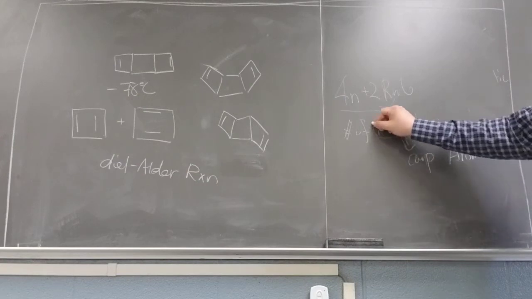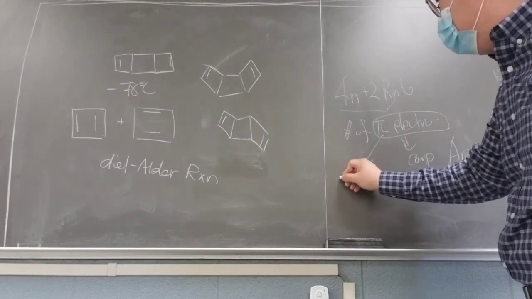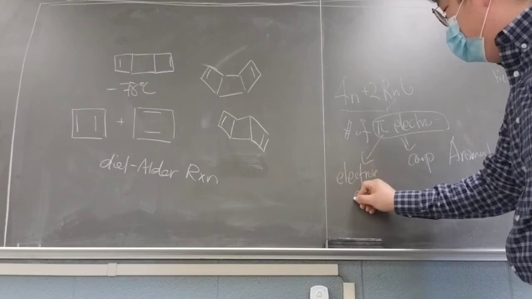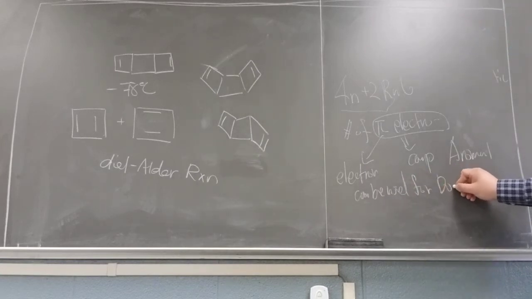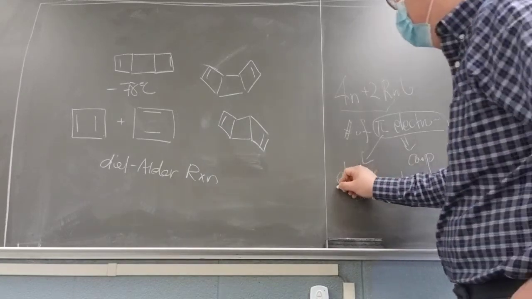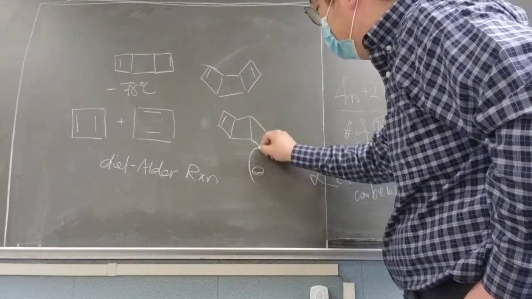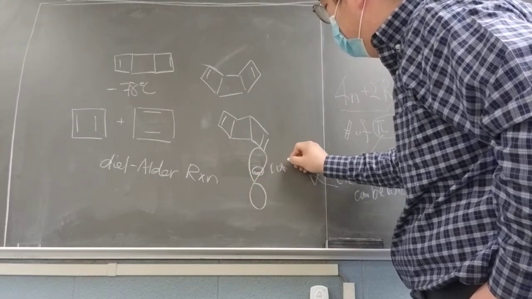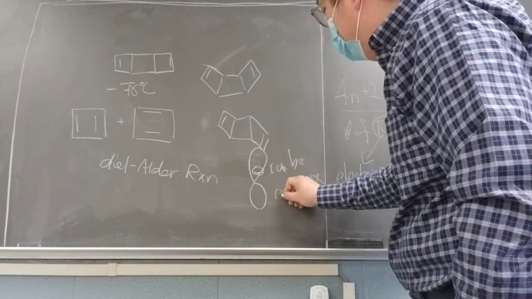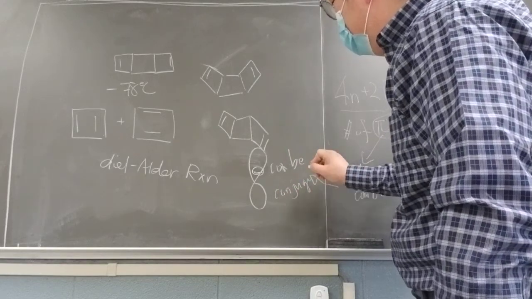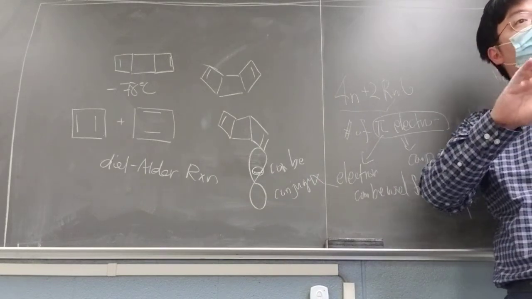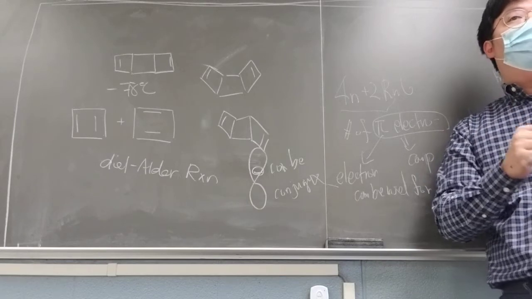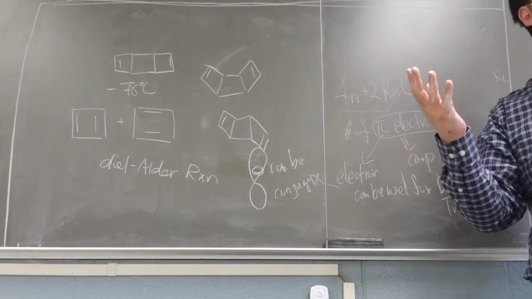Pi electrons mean any electrons used for a double bond or triple bond, and also electrons in a p orbital that can be conjugated with other p orbital electrons. So technically, if you just count the electrons in the double bond or triple bond, most of the time you'll be good. A few exceptions we're going to talk about today are lone pairs, but we'll get to this.